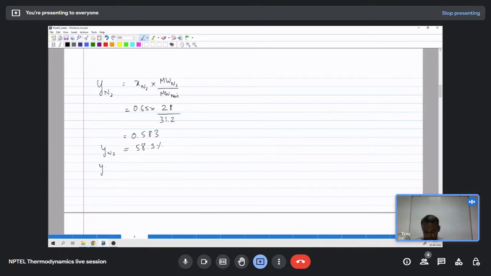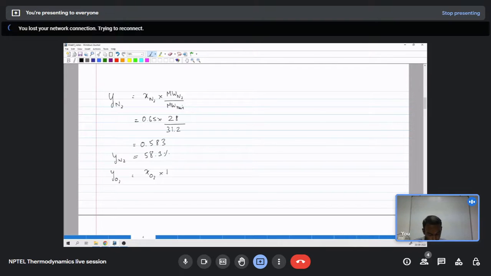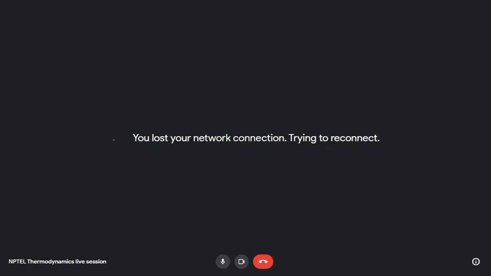Now mass fraction of oxygen is molar fraction of oxygen into molecular weight of oxygen divided by molecular weight of mixture.